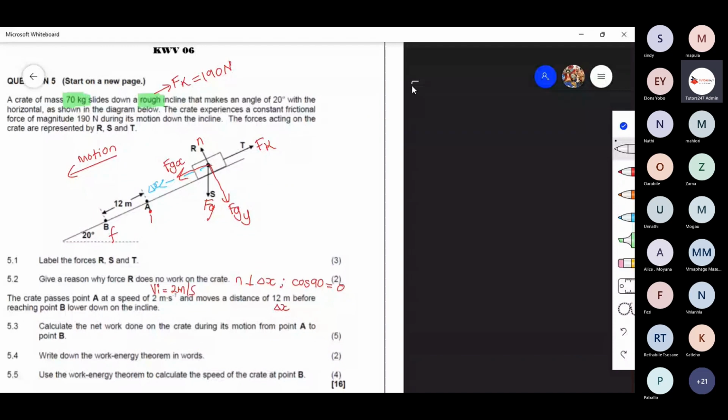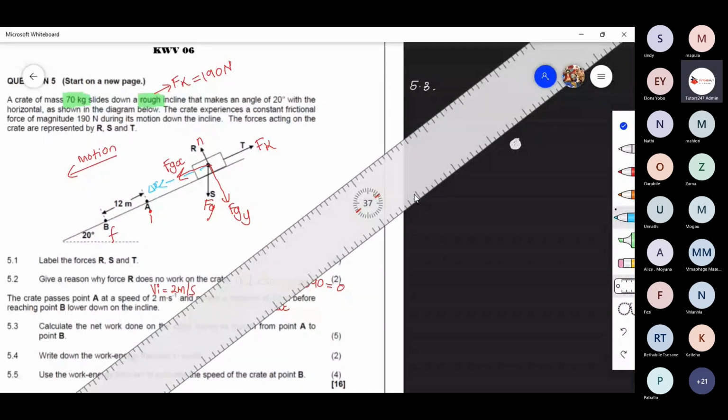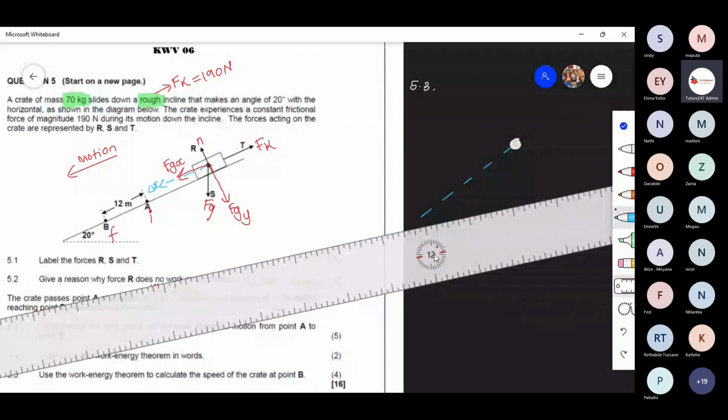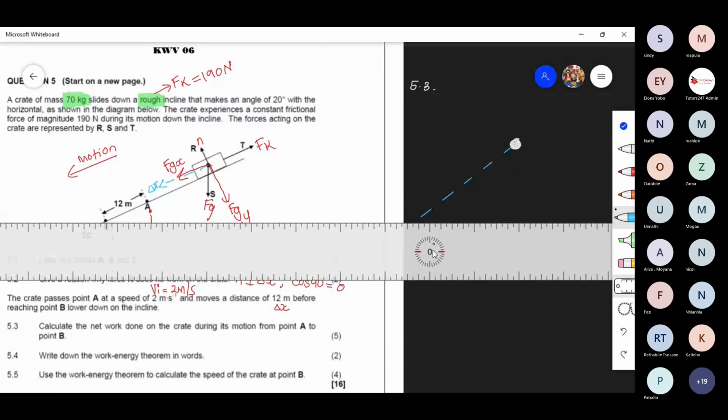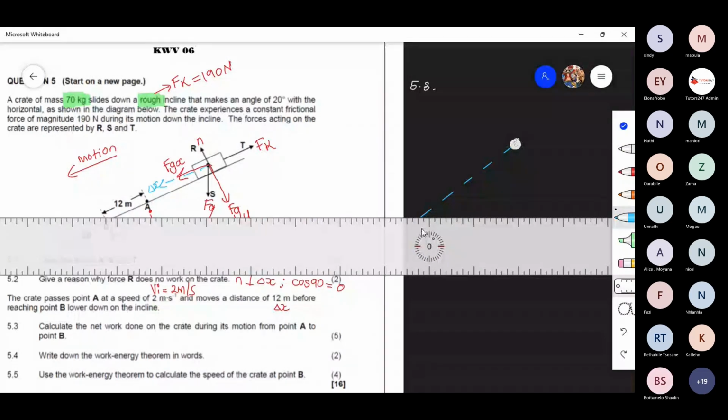Let us start with drawing our free body diagram. So I'm going to include my incline, it just helps me to draw my free body diagram. Okay, so that is my incline or ramp or whatever you want to call it.